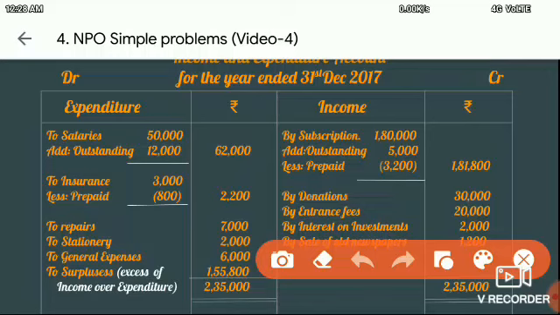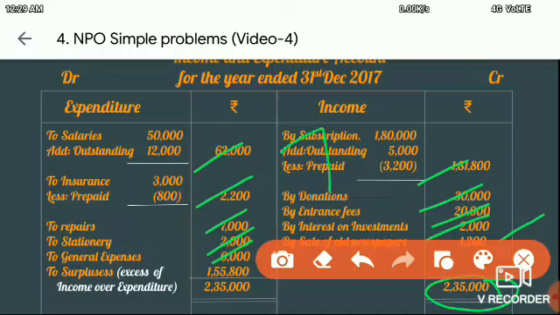If you add all the subscription, donation, entrance fees, interest on investment, and sale of old newspaper, you get a total of 2,35,000. On the other hand, when you add salaries, insurance, repairs, stationery, and general expenses, you get a total of 79,200.